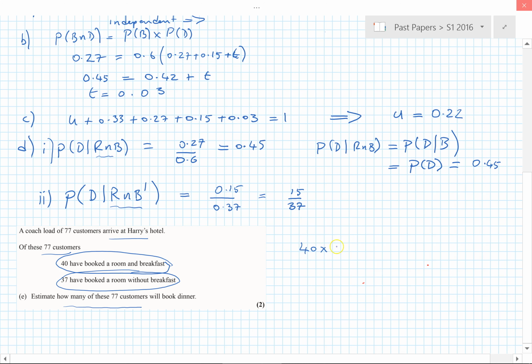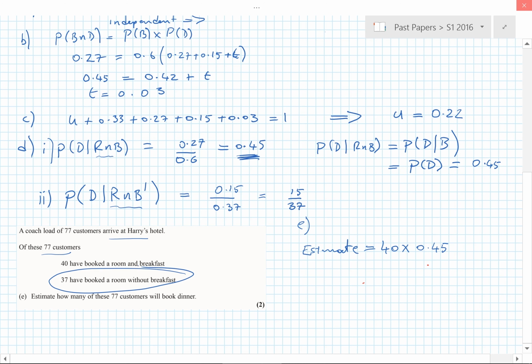So that's 40 times 0.45. Okay, and then for the 37 that have booked a room without breakfast, this one is the one we're going on.